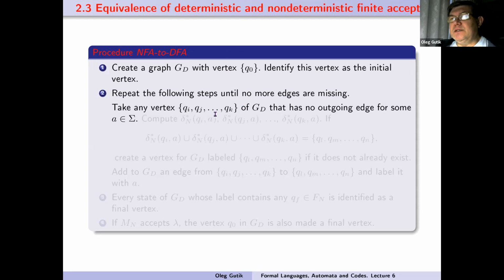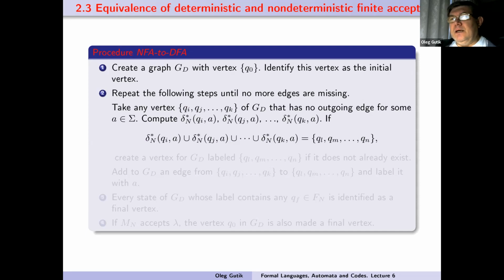Take any vertex {Qi, Qj, ..., Qk} of the graph GD that has no outgoing edge for some letter a from sigma. Compute delta star n of Qi, a, delta star n of Qj, a, and so on, delta star n of Qk, a.